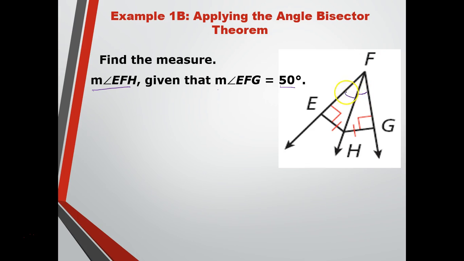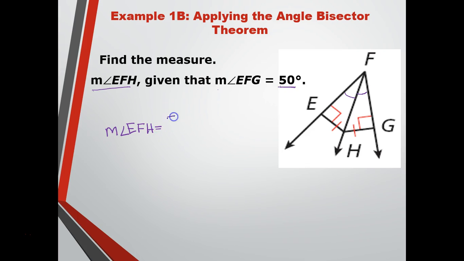And if these two angles are congruent to each other, then how we're going to find EFH is by saying EFG divided by 2. We are given that EFG is 50 degrees. So the measure of angle EFH is equal to 50 divided by 2.